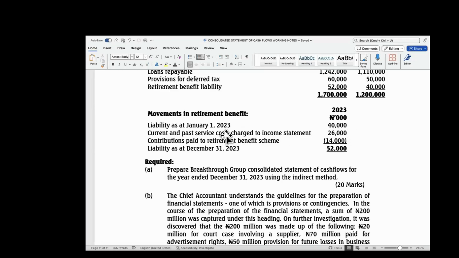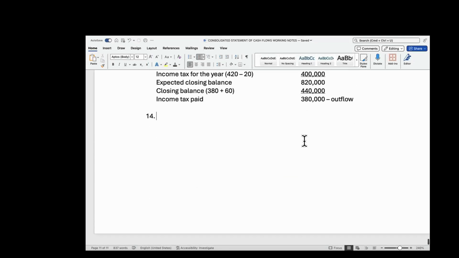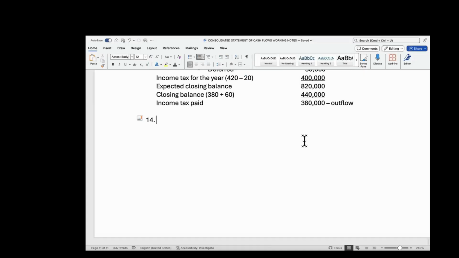This is a non-cash item. Contribution paid. This is the actual cash. This is the pension paid of 14. So I need to note that the current and past service costs of 26,000 is a non-cash item, so we need to adjust it properly.